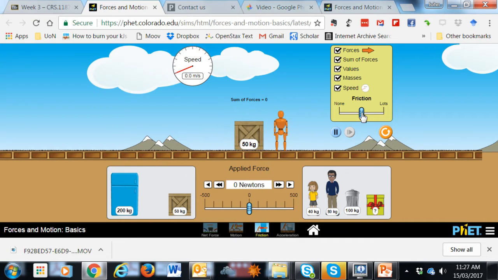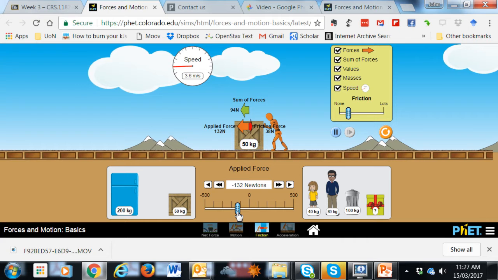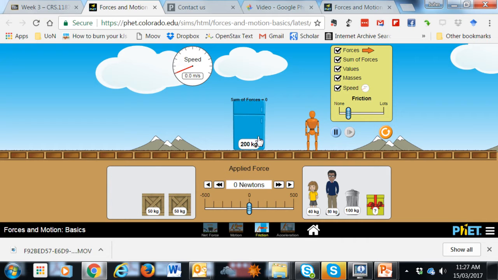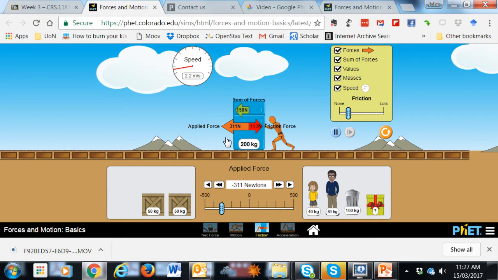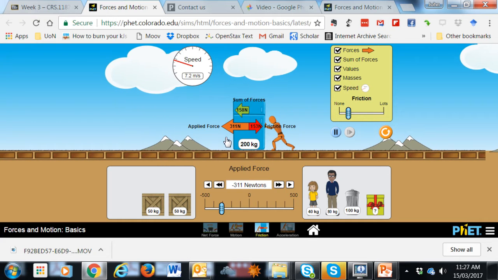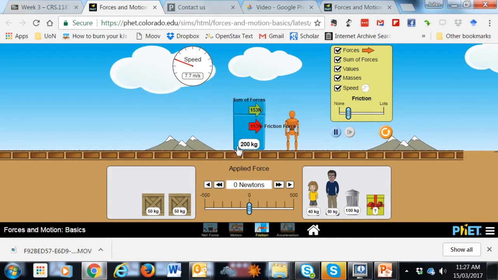I think we'll change the coefficient of friction, just decrease it a little bit. And we'll push and push, and it starts moving. Let's see if we can get the refrigerator moving. What we did was change the way friction interacted with the fridge. So we'll have to look at what causes that.